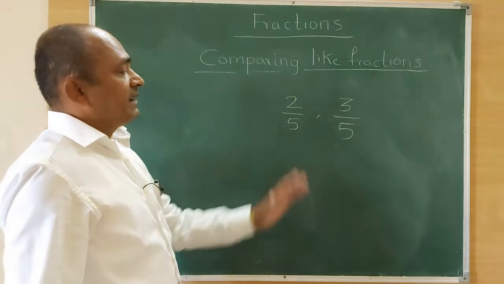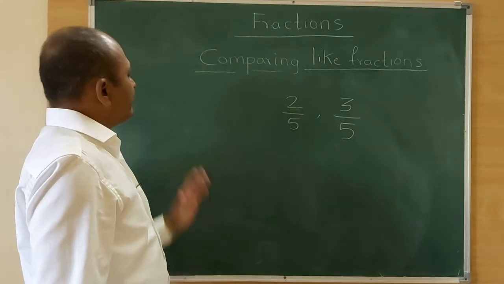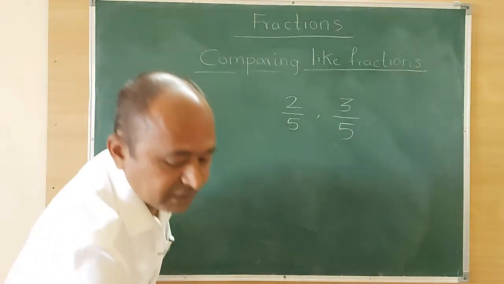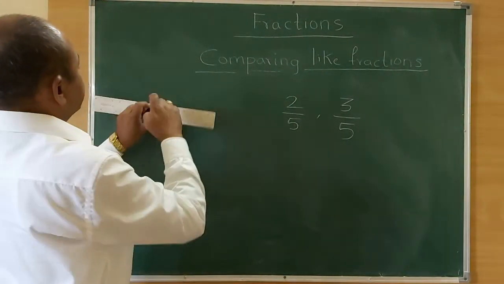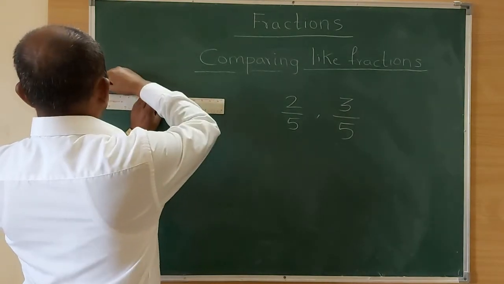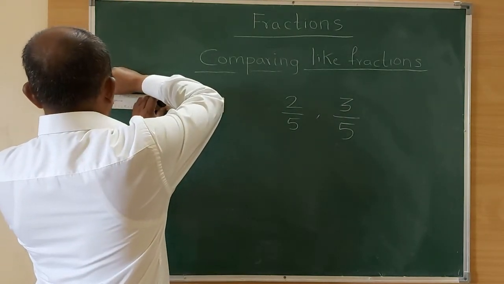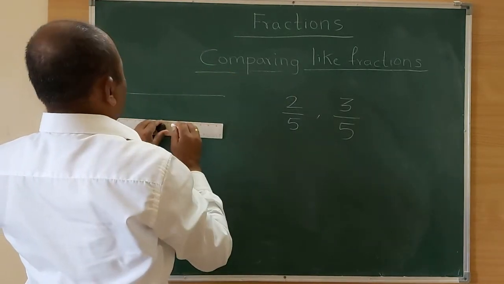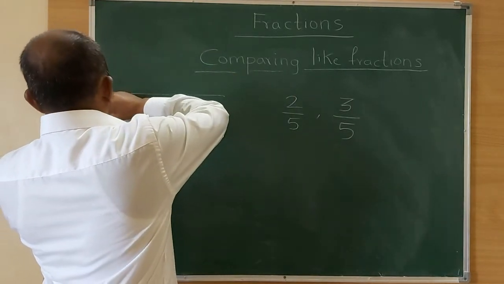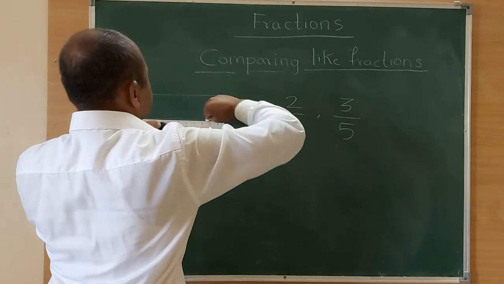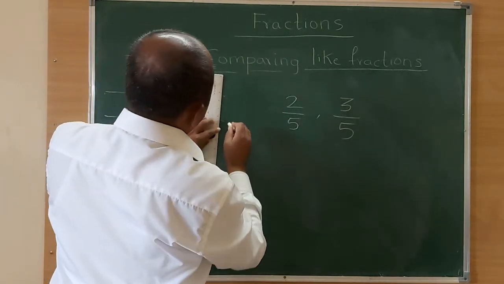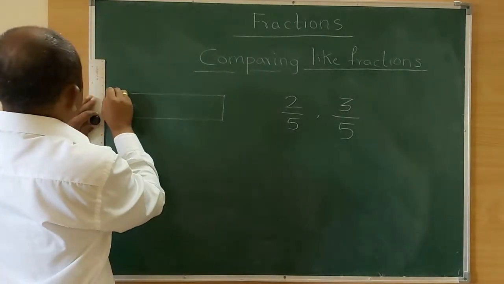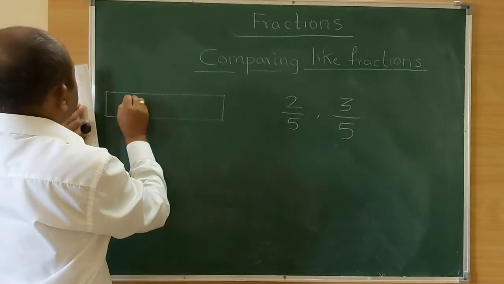One concept I will tell you here. I will draw one figure and explain it with that figure. Suppose one strip is there. If I explain this with the figure, you will understand it in a better way.